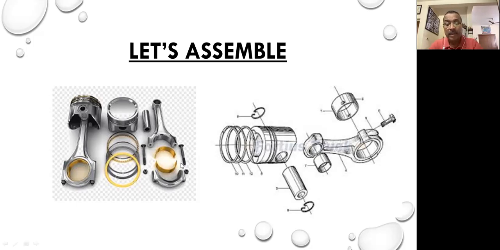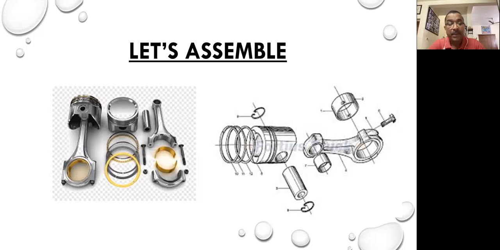When we look at the assembly drawing, you can see that you can fix the piston rings to its grooves. Grooves 1, 2, 3, or 4 rings could be put on this side.